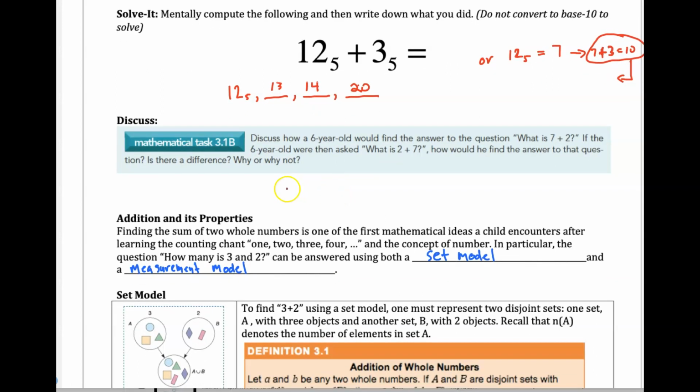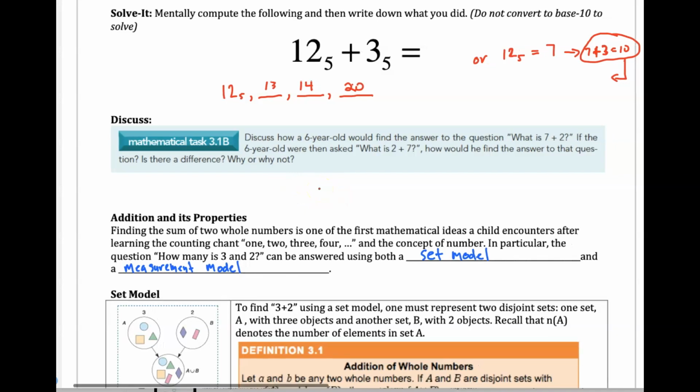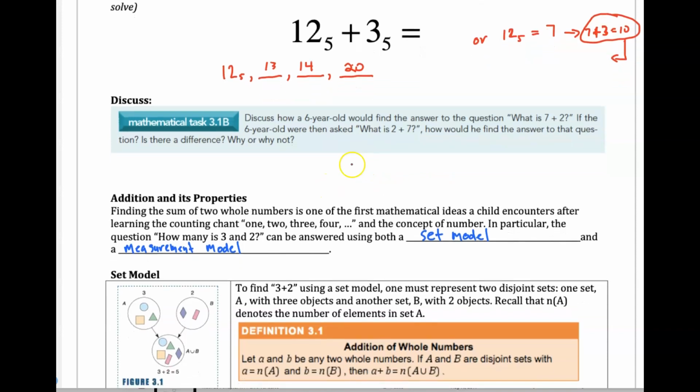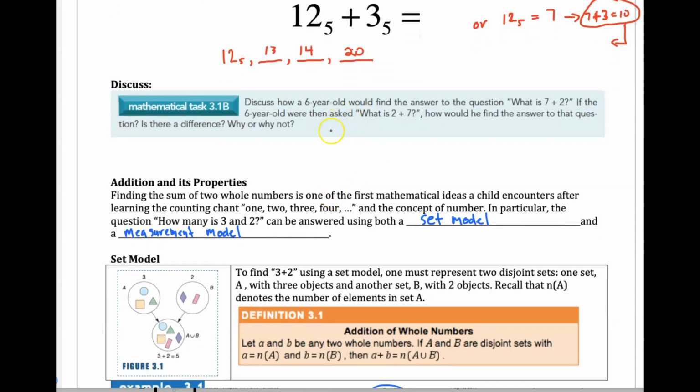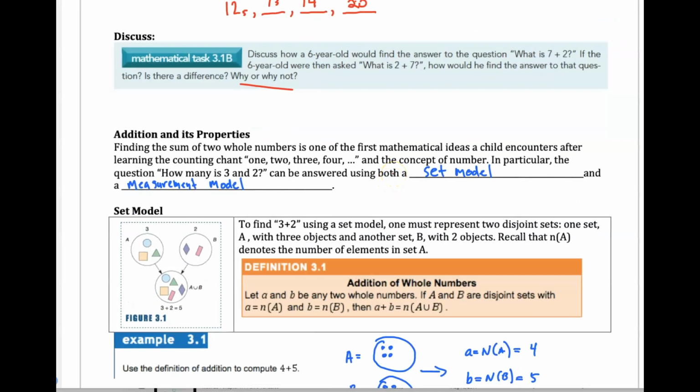Then there's another discussion piece, more for a class situation, but it's important for you to think about this question here. We'll look at some of that as we go through, and you can come back to what that answer would be, or the reasons for it, as we go through addition.